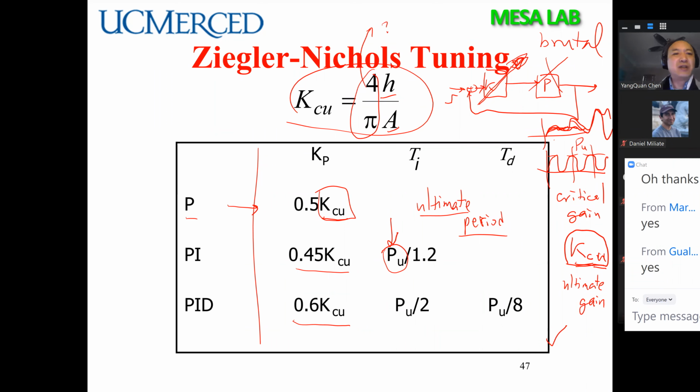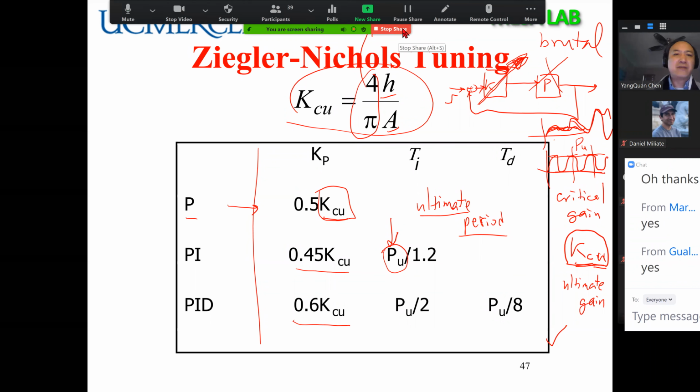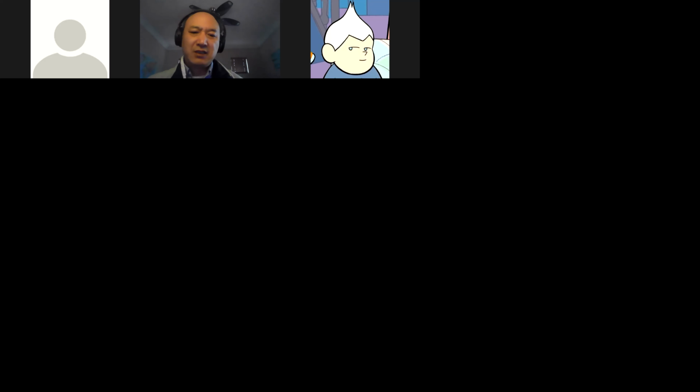That ultimate oscillation could be dangerous, so it's not usually used. But in a simulator, you can still use it. With that, I think you can answer all questions in the quiz. We're going to continue through PID, some practical issues left over. With that, we can finish today.